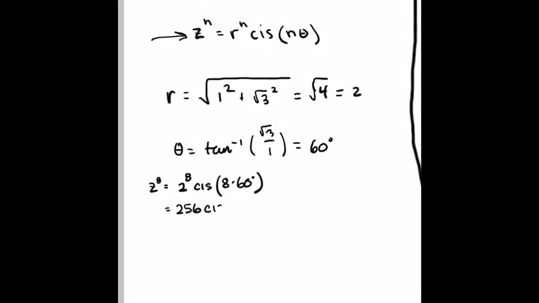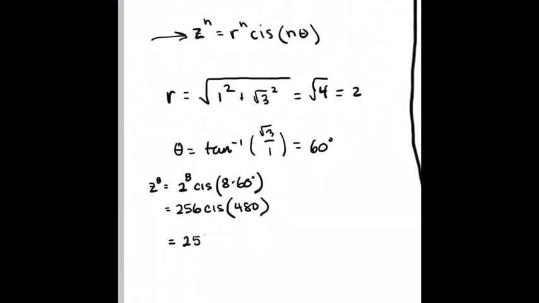2 to the 8th power is 256. And then 8 times 60 is 480.